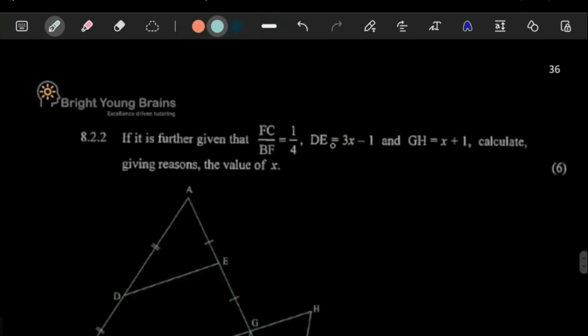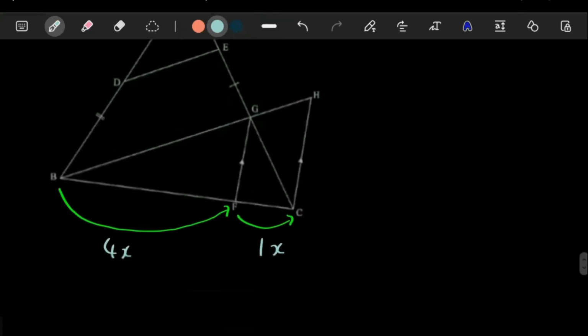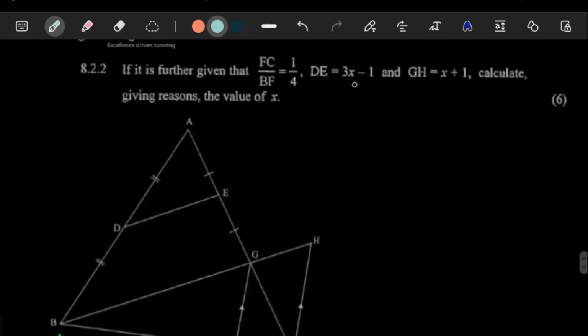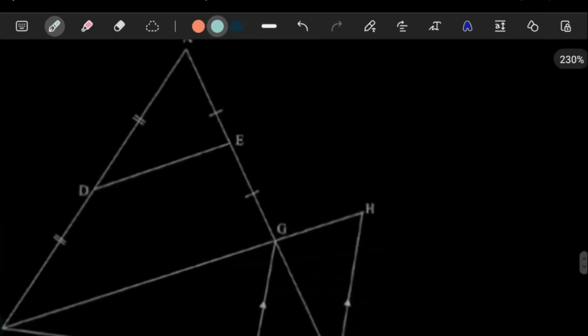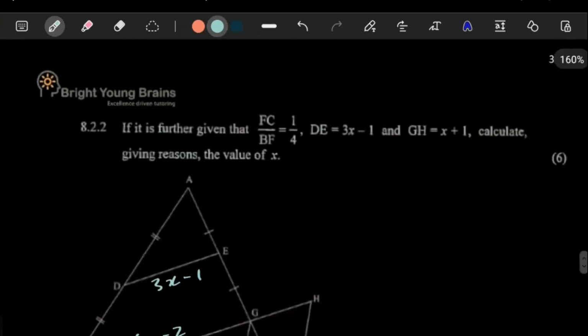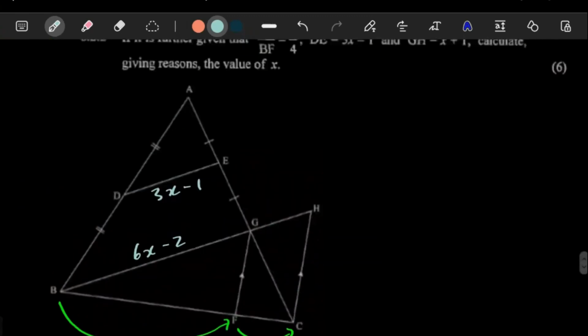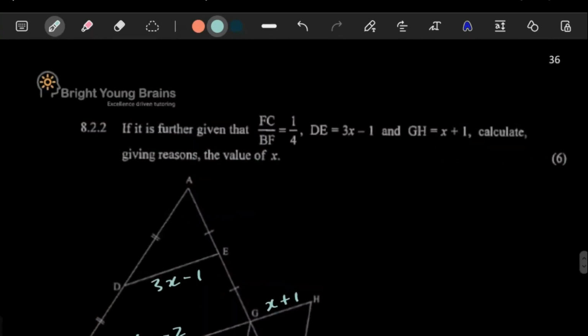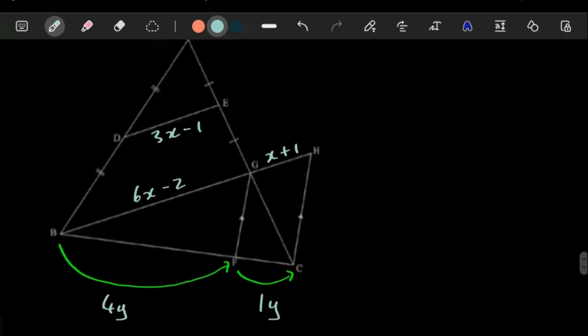And then, well, let's not use x, let's maybe use y: 1y, 4y. And then it says DE is 3x minus 1. So if this is 3x minus 1, this has to be double, which is going to be 6x minus 2 automatically. Then it says GH is x plus 1. So GH is just x plus 1. Okay. Then it says calculate with reasons the value of x.